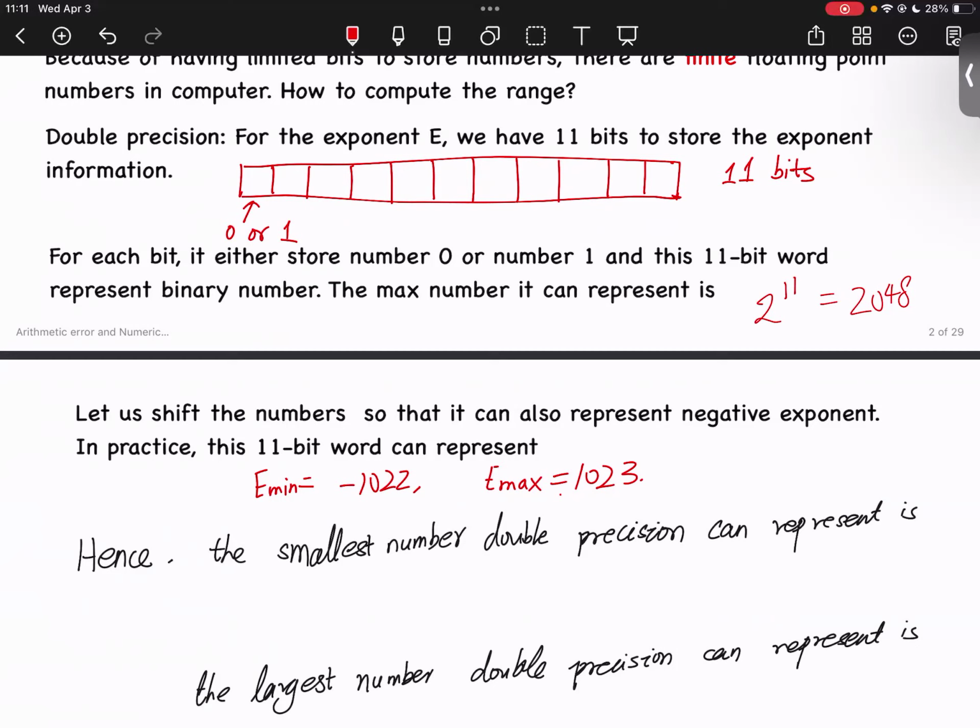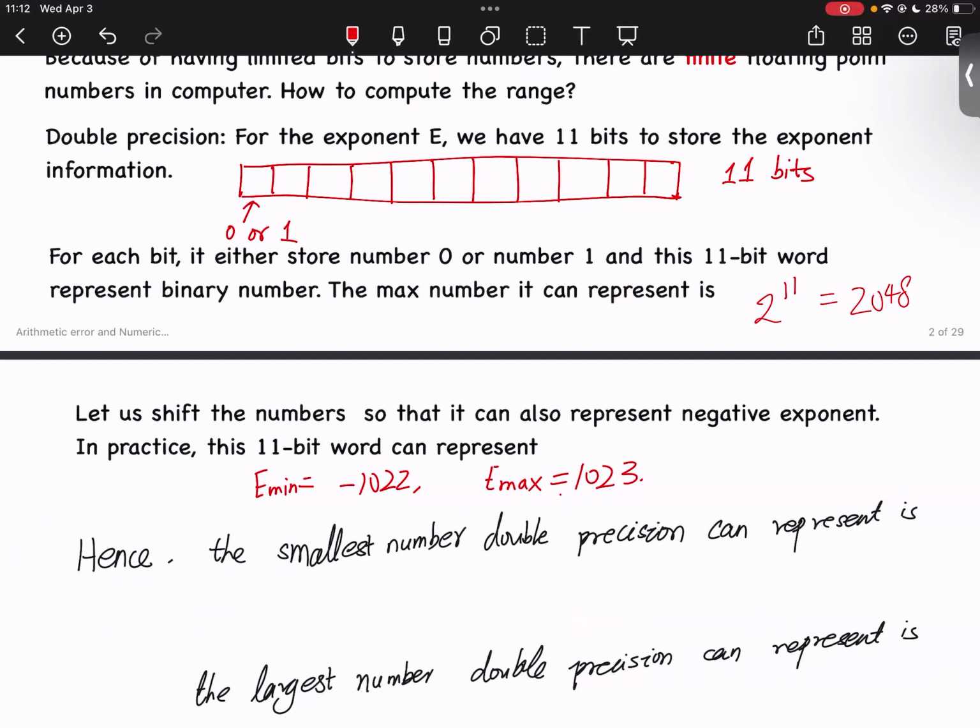There are very complicated reasons inside it, but 2 or 3 numbers are not calculated here. They are used to store some other information. So the minimum exponent in the actual computer for double precisions is -1022, and the maximum exponent is 1023. So this is some information for the exponent.